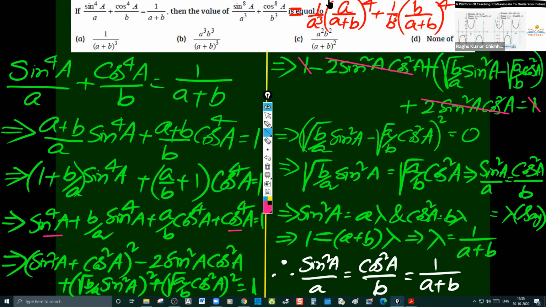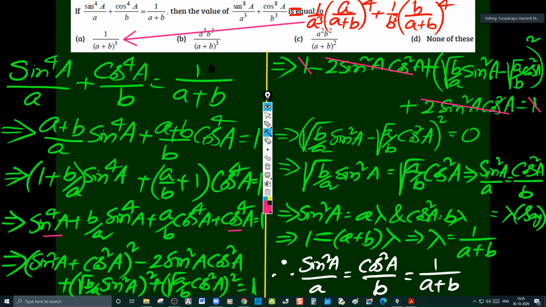So A plus B remains, and A plus B whole power 4. A plus B divided by A plus B whole power 4 is how much? A plus B gets cancelled. And it is nothing but 1 upon A plus B whole cube. Just confirm and tell me, please. Yes, sir. Understood, sir.